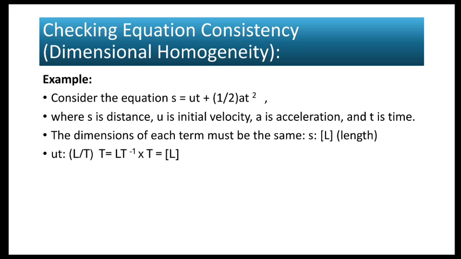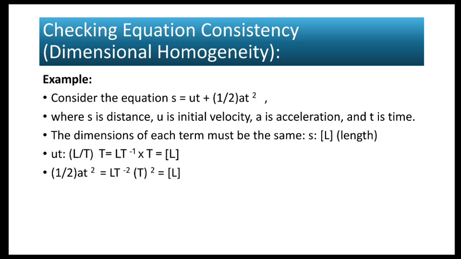Let's see this half at square. We are not considering 1 by 2, it is a constant number. So at square: a is acceleration, whose dimension formula we already know is L t to the power minus 2, and t square is there. So t power minus 2 and t power plus 2 get cancelled.